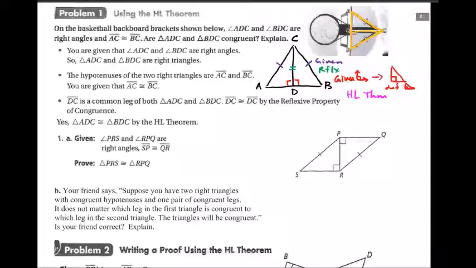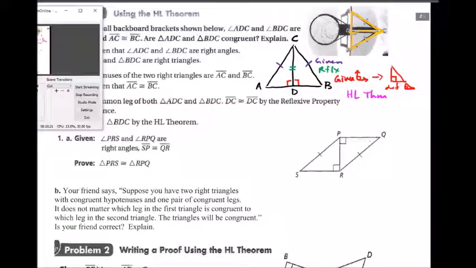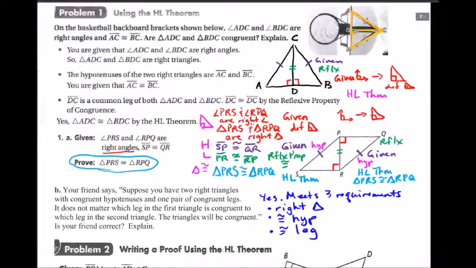All right, go ahead and pause the video, see if you can write up the next proof. Okay, so did you do your define explore? We are given that our two angles here are right angles, and we know that right angles turn into right triangles.